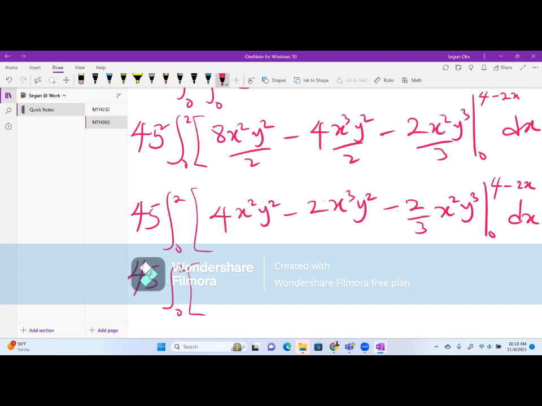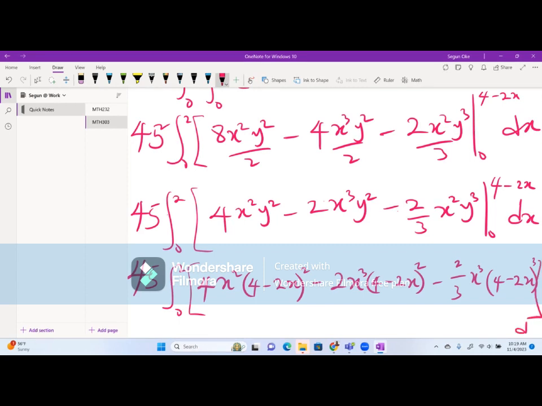So substitute the upper limit now. The upper limit, remember, is y equals 4 minus 2x. So it's going to be 4x squared into 4 minus 2x, minus 2x cubed into, don't forget it's squared, 4 minus 2x squared, minus 2 over 3 x squared into 4 minus 2x cubed.